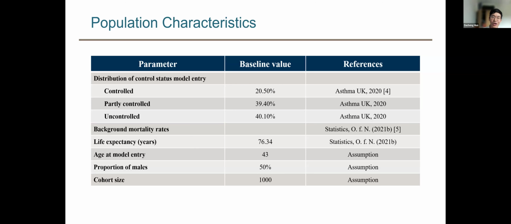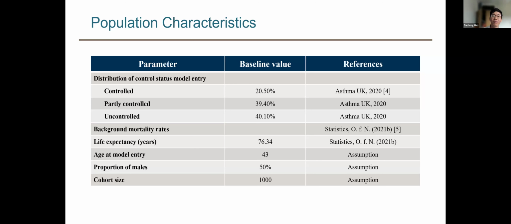So we start this model with the population in these health states. We also incorporate the background mortality rates, because even without asthma, people may naturally die because of natural mortality. We also put a life expectancy on that, because people may die before the end of the 20-year horizon.